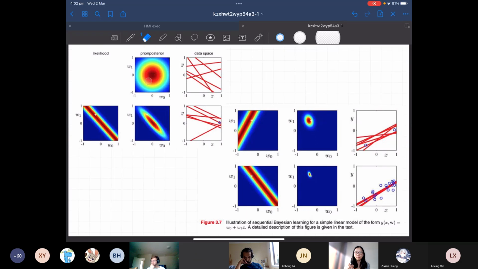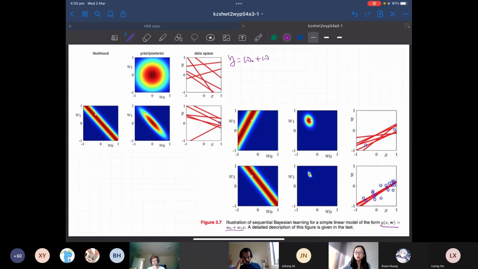This middle plot basically says the prior of W is an isotropic Gaussian. Between -1 and 1, there is a big ball of uncertainty. And if we sample different vectors W from this space, and W is two-dimensional, in this case we are looking at regression functions right here. Basically, y equals W0 plus W1 times the scalar x.